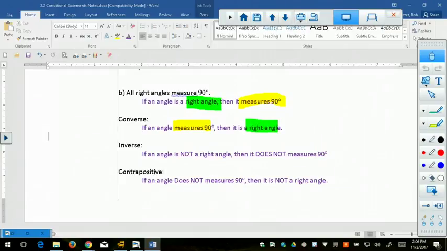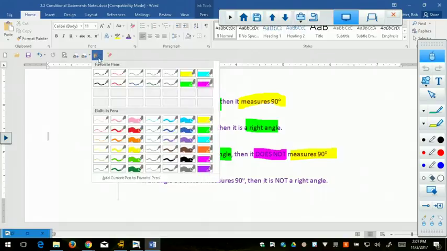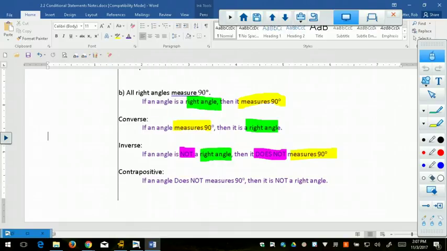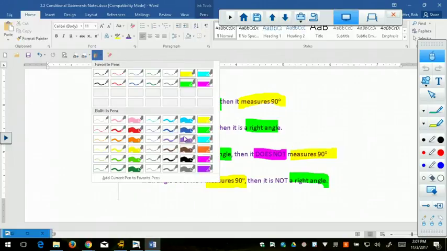For the inverse, it keeps the same order as the original conditional statement, but it negates both parts. So we have added not a right angle and does not measure 90 degrees. And for the contrapositive, we have to both switch and negate both parts.